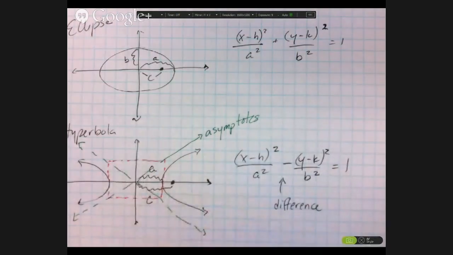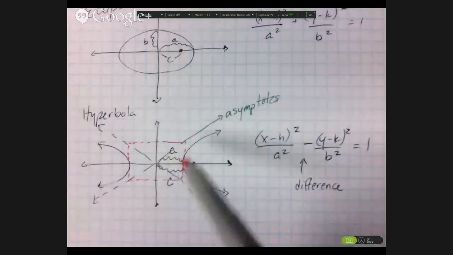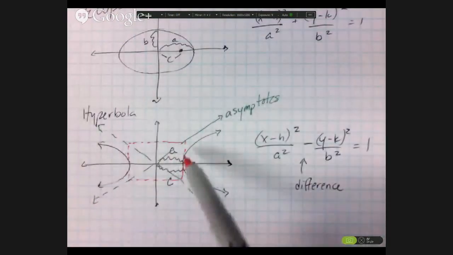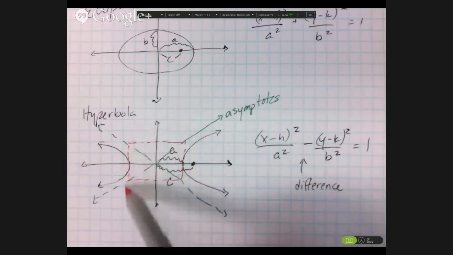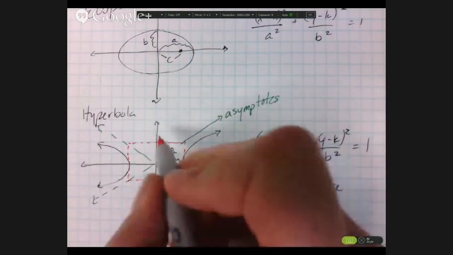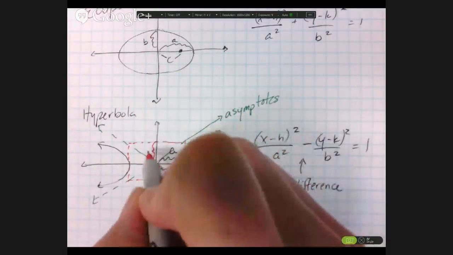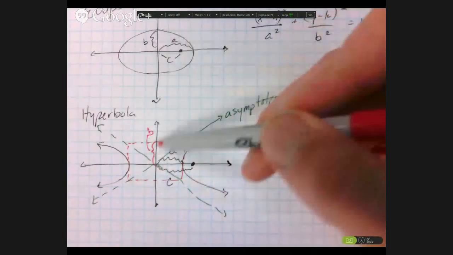All right. So a hyperbola has a box or a rectangle that's defined by the vertices and the asymptotes. So you go vertical until you hit the asymptotes, and then horizontal. B is defined as this distance here. You can still kind of relate it to an ellipse, right?